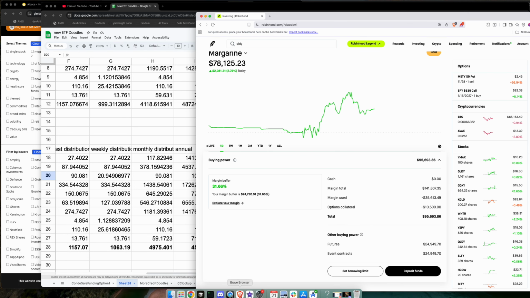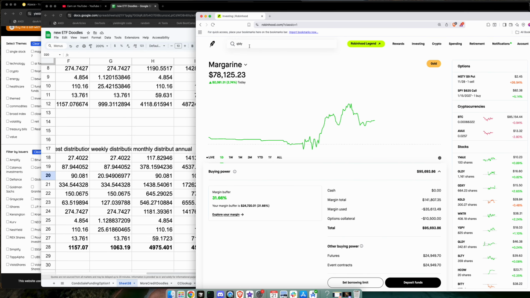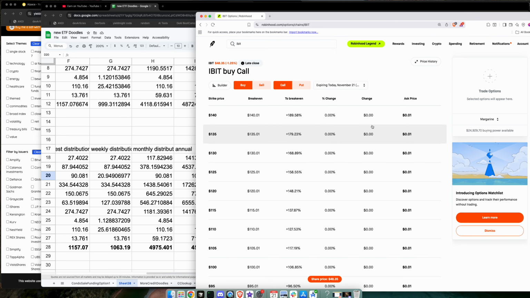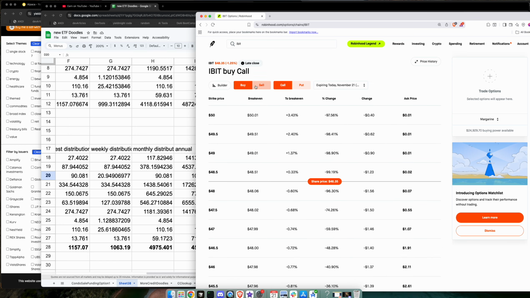And when we looked at IBIT in the option contracts, this will be fluid from week to week.